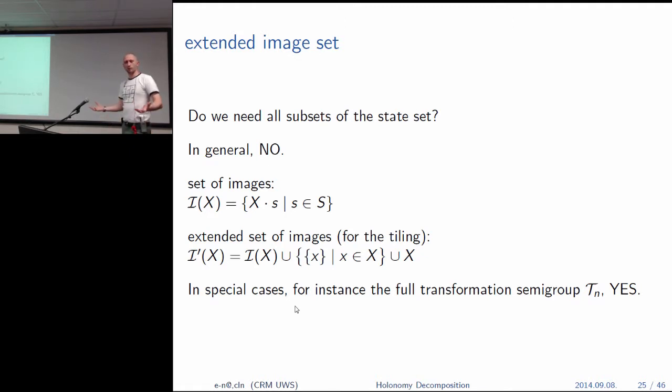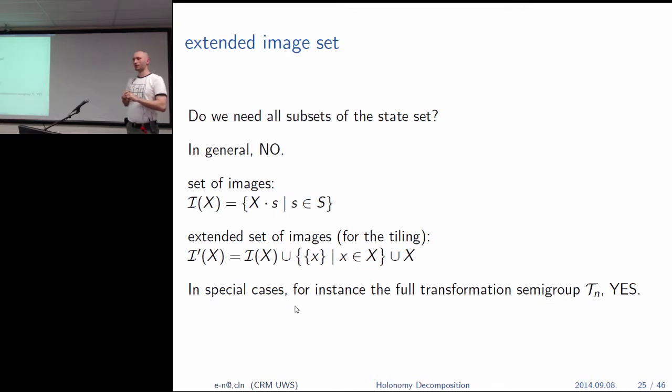But of course, you have combinatorial explosion, right? And so the question: do we need all subsets of the state set? Well, the good news is that in general, no, because in order to decompose the semigroup, we consider only those subsets that occur as images of the elements of the semigroup, okay?